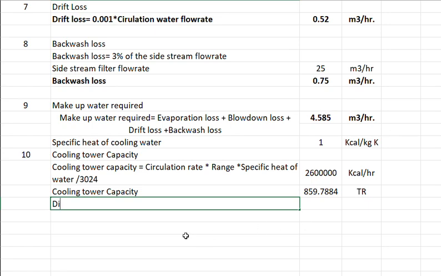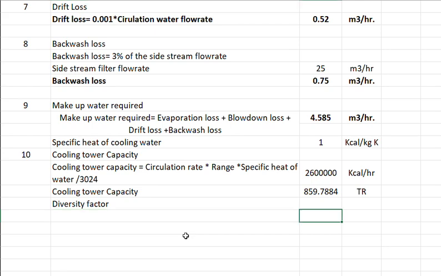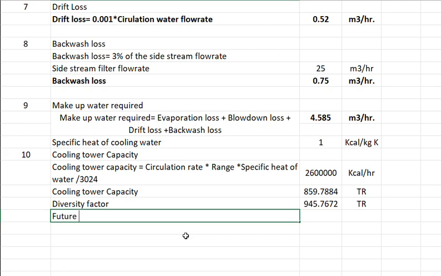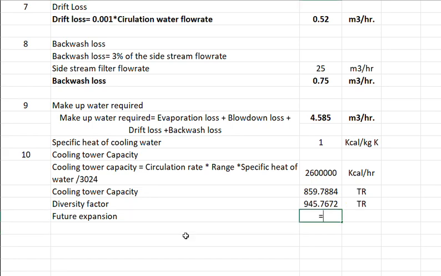Here we need to consider a diversity factor of 10%, and future expansion of 10%. If you are doing any modification in the existing system, you need not change the cooling tower or look for a new cooling tower for small changes during process improvement.